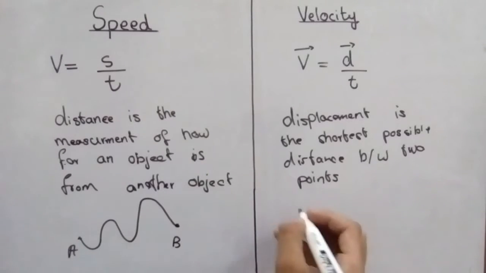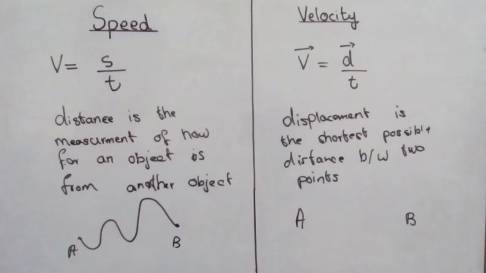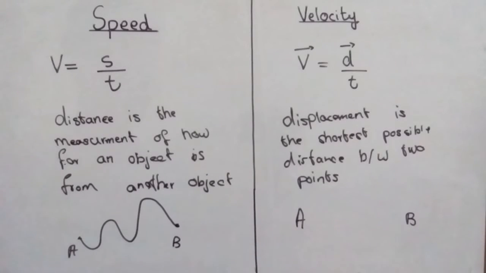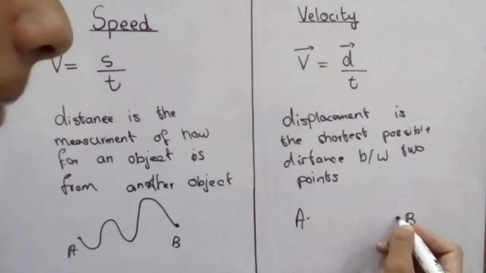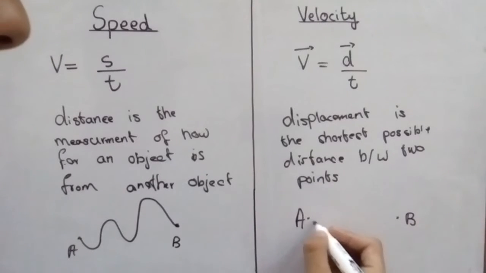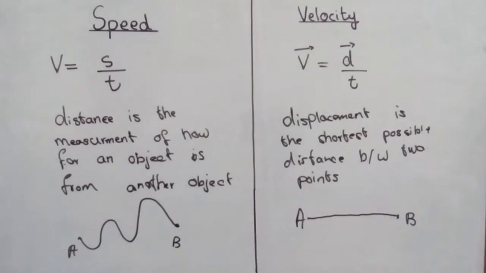For example, we have point A and here we have point B. So the shortest possible distance between A and B will be a straight line, because without a straight line the displacement will not occur, because displacement occurs only in a straight line. For example, A and B, this is a straight line from A to B. So from A to B, this is called the displacement.